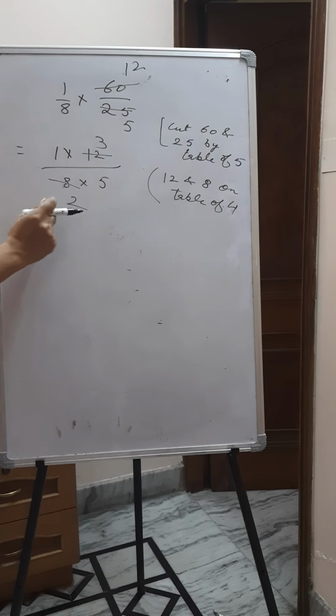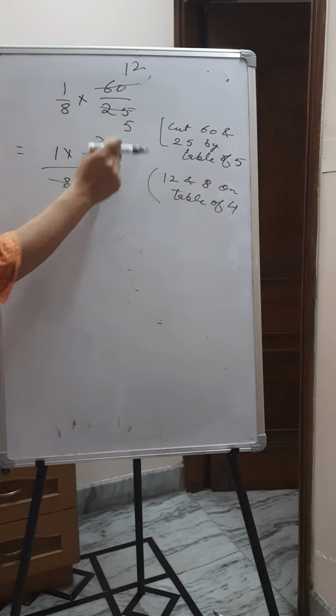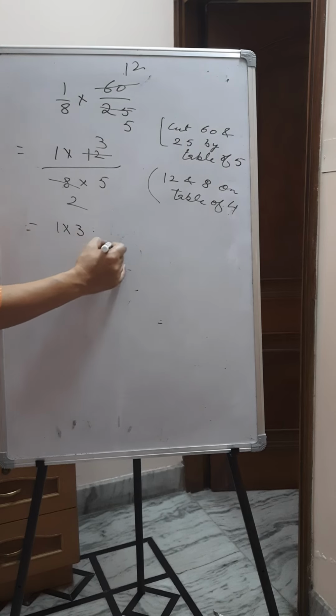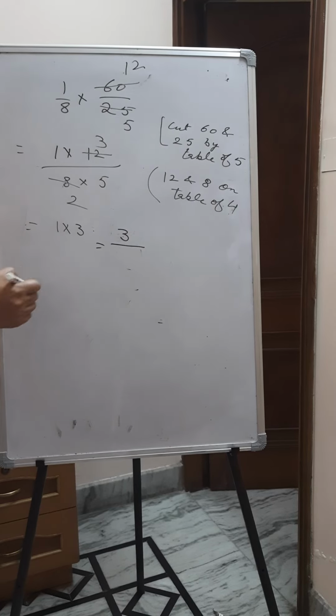Now all of these are prime numbers, 1, 2, 3, 5. Moreover, there is nothing common between the numerator and denominator. The numerators are 1 and 3, the denominators are 2 and 5. There is no number common between these two. So what we will do, multiply numerator to numerator. Multiply 1 into 3 to get the numerator in the answer.